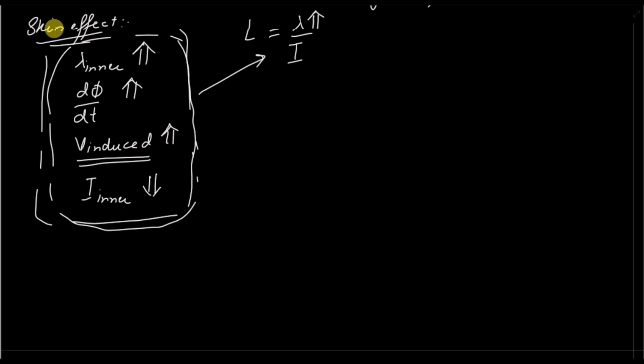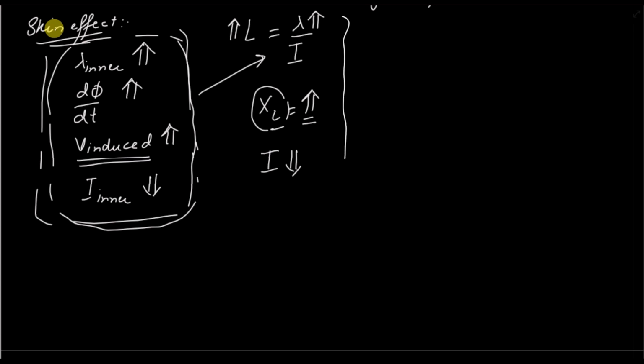If flux linkage is larger, inductance is larger, and then the inductive reactance is greater. If the inductive reactance is greater, then the current through that portion of the conductor will be smaller, right? So this is a brief explanation of the skin effect.